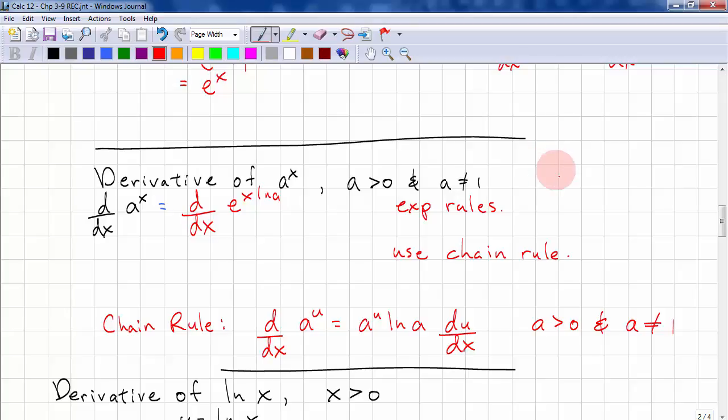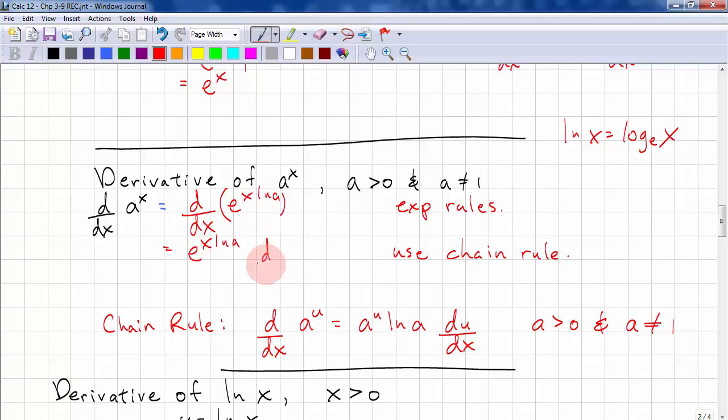And the way we see this is ln x equals log e of x. Since these are inverse functions of each other, this a can simply replace the e. So the derivative of this is itself, e to the x ln a.